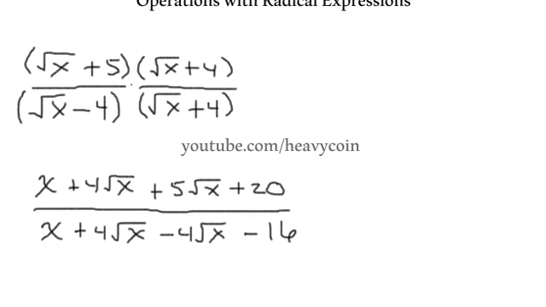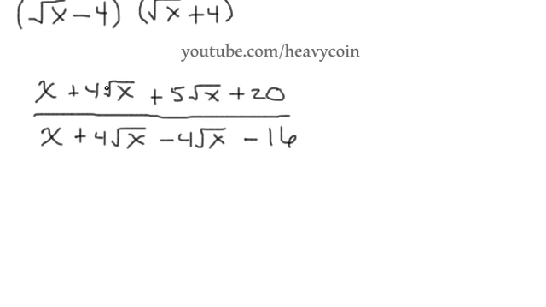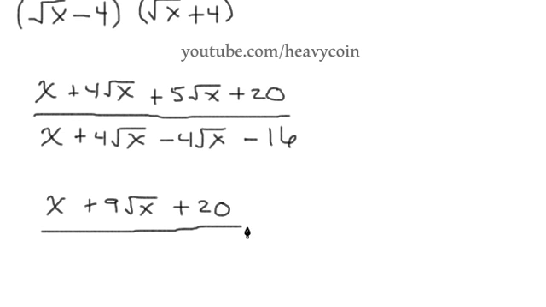So now we need to simplify this down, collect up some like terms. We have an x. Looking at the numerator, these two here are like terms, so 4 plus 5 is 9 square root of x, and then plus 20. And that's as far as we can go on that.